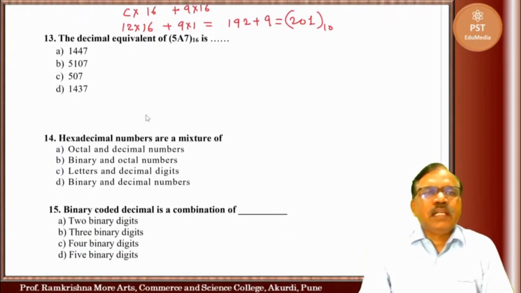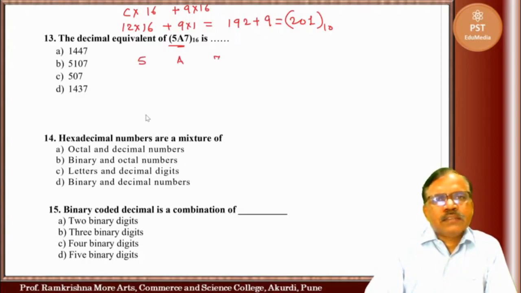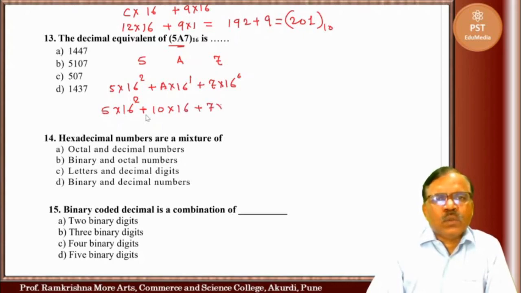Now the decimal equivalent of 5A7, which is in hexadecimal. So 7 into 16 raised to 0 plus A into 16 raised to 1 plus 5 into 16 raised to 2. So 5 into 16 raised to 2 plus A, which is 10, into 16 plus 7 into 1.